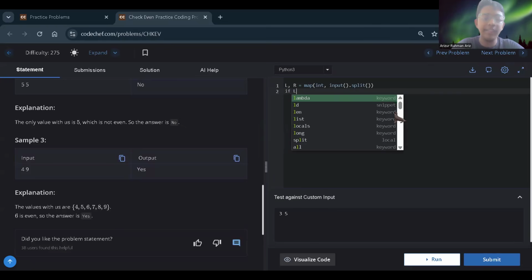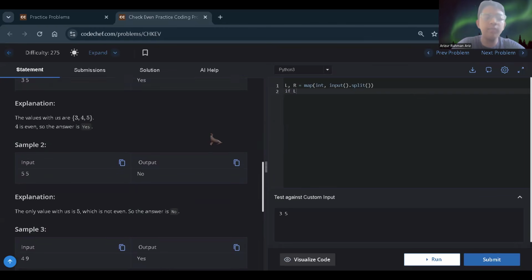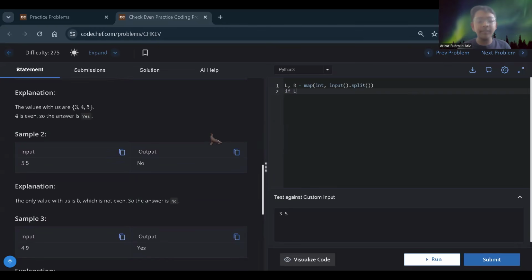So my logic here is we have to check if the sequence contains an even number or not. If the sequence contains an even, then we print yes, else no. So we could just check if L, the first number, is even or not.